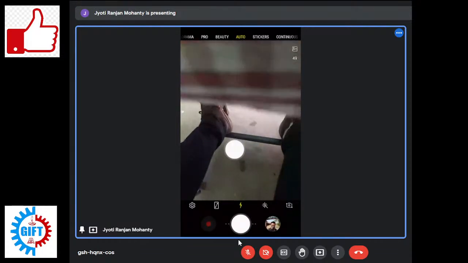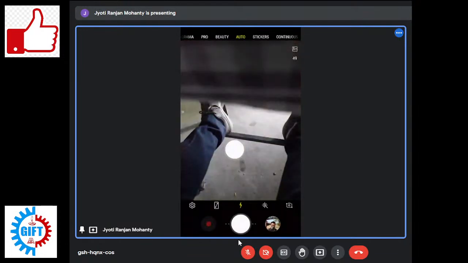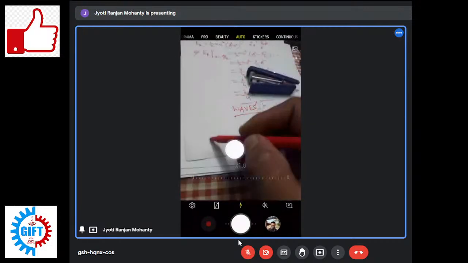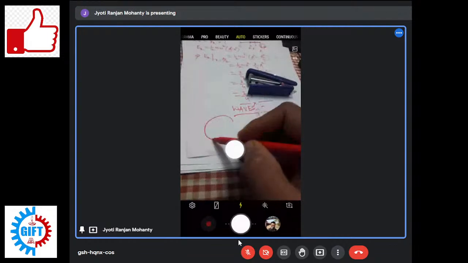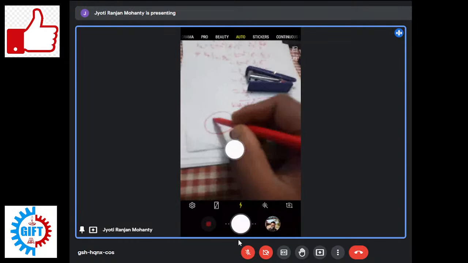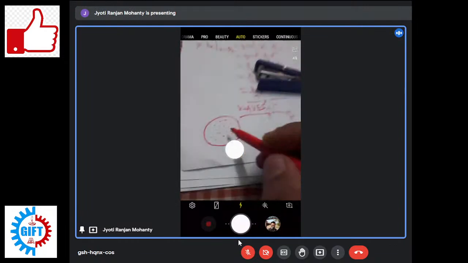So, what is the mechanism when the stone comes in contact with water? Okay, look here. This is the pond. The water particles are in a stable position, am I right?